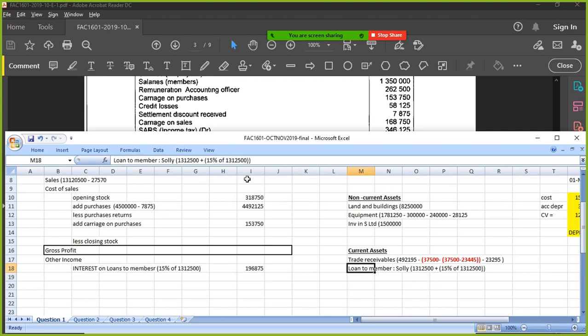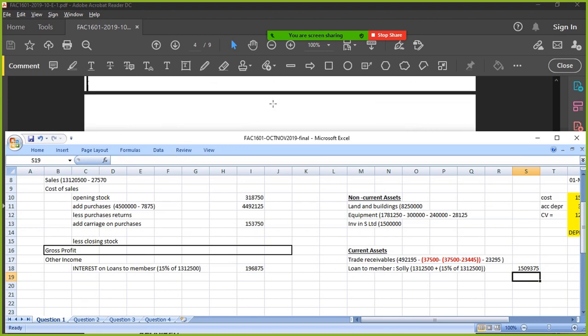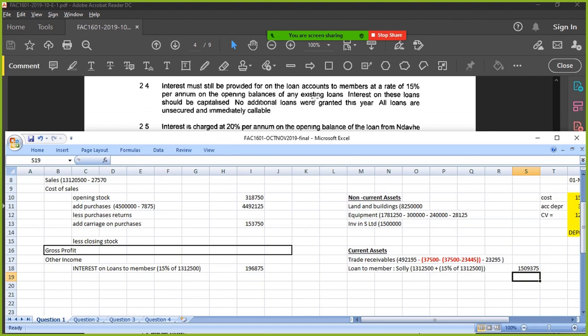Okay, and then obviously adding up all of that. Okay, that's it. All right, that's another one complete. Interest, good. It's capitalized, perfect. I've shown it there, great.